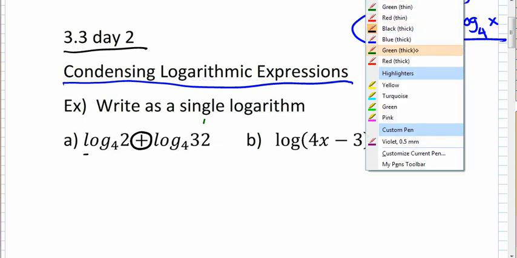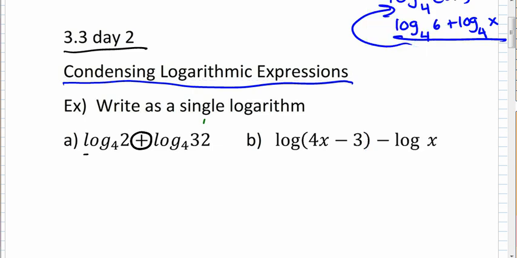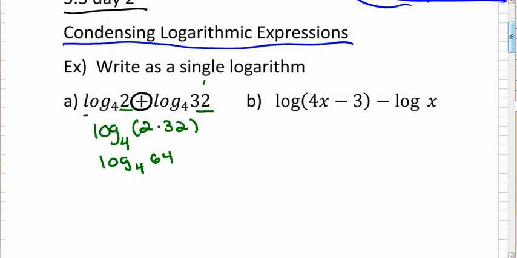In this case, the operation between the two logarithms is addition, so remember, addition comes from the multiplication, so to condense it, we make it one single logarithm, but we multiply the two terms, so the 2 and the 32. 2 times 32 is 64, and then remember, if the number here, 64, is a power of the base, in this case 4, then we can simplify it, and 64 is a power of 4, it is 4 to the third, so therefore the answer is 3, because these cancel out.